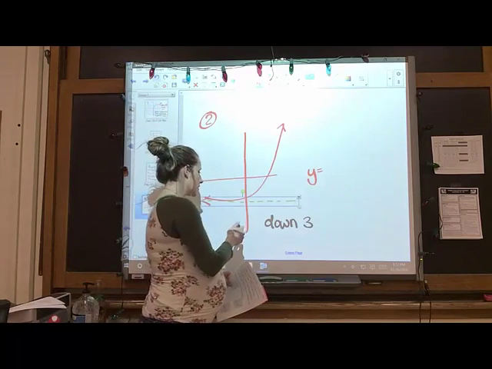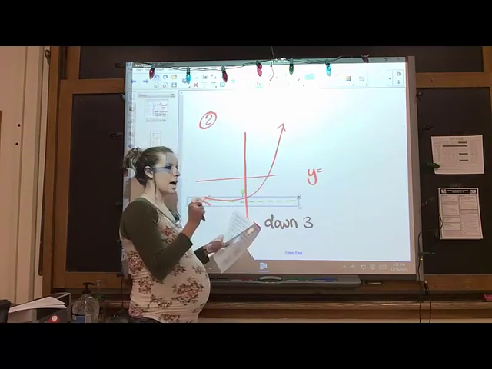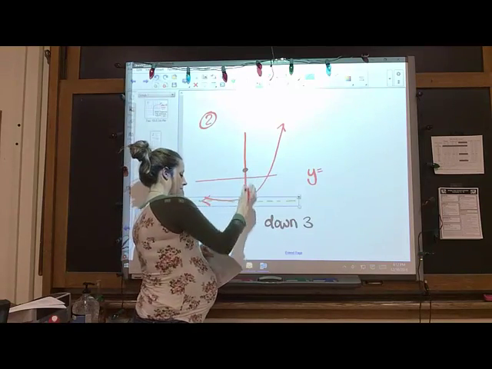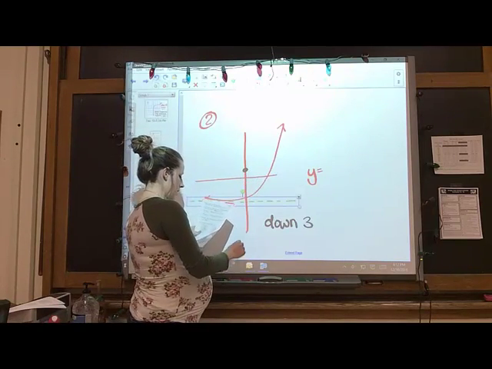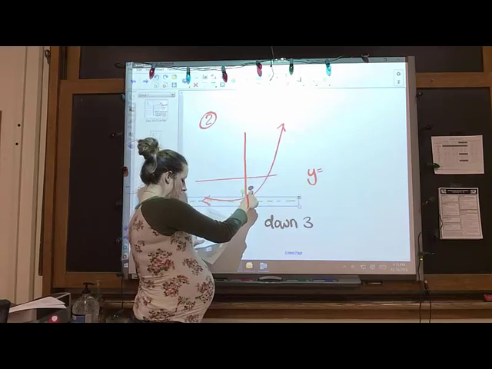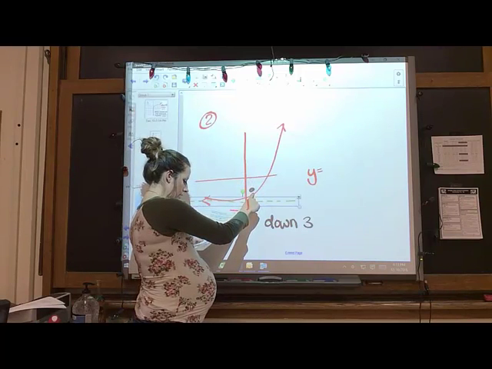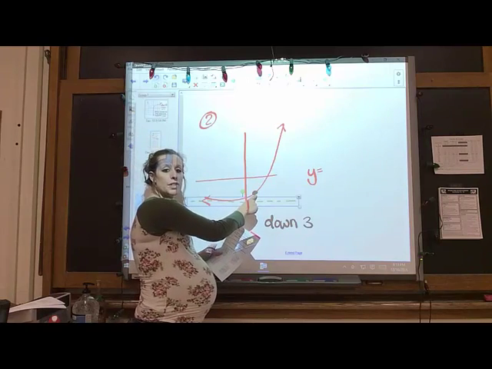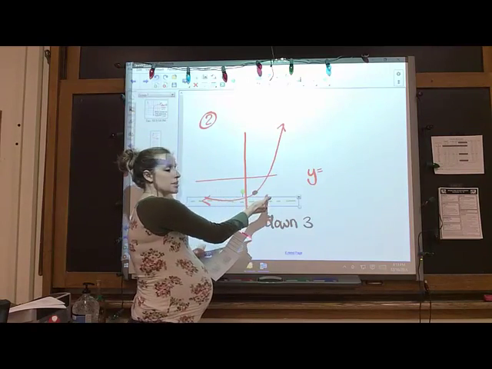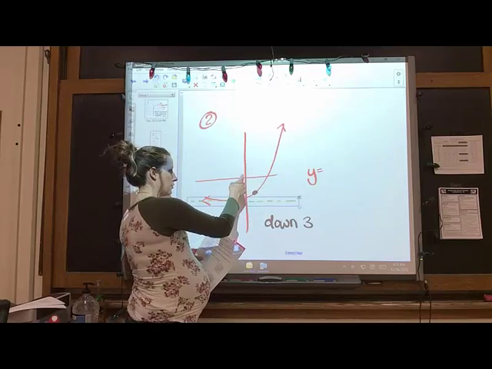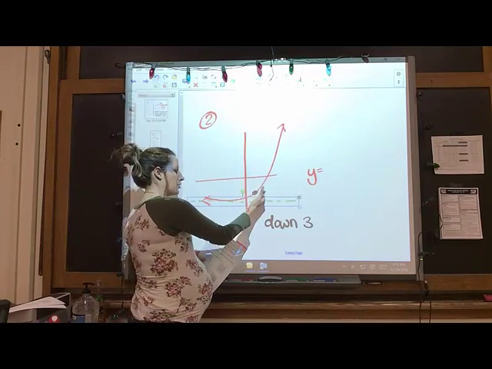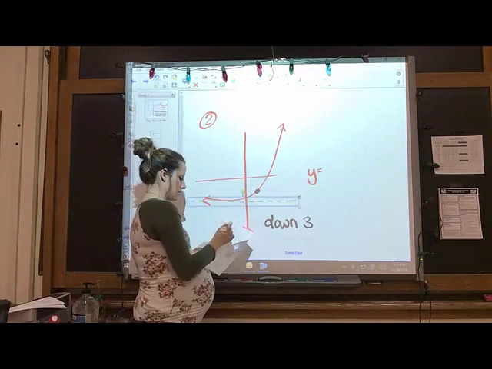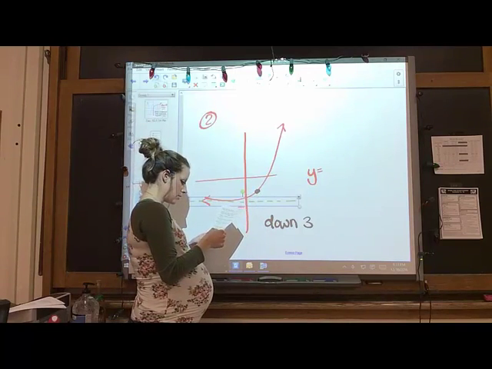Okay. The other thing that moved is that point that's normally at 0, 1. This point. You can see it's your first point that they show on that graph at the very bottom. We know it moved down 3, but how far to the right did it move? From 0, it moved to the right, what, 3? 1, 2, 3.